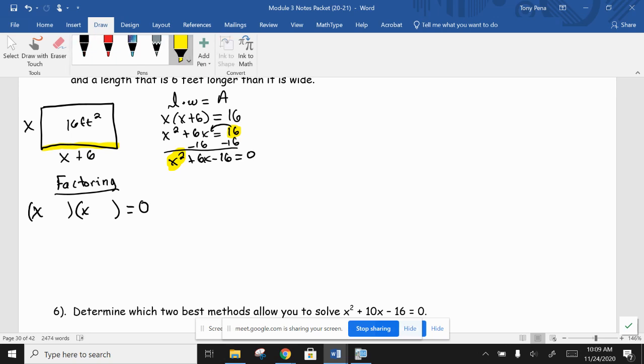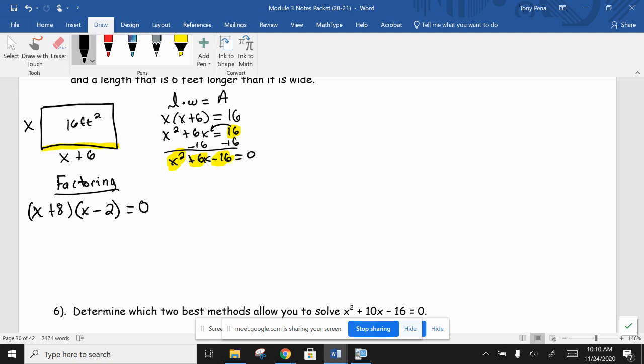And then we're looking for those 2 numbers that multiply to be a negative 16. At the same time, they're going to add up to be a 6. All right, as long as we have those, then we can factor this pretty quickly and get our answers pretty quickly. All right, in this case, we can. So a positive 8 and a negative 2, if you multiply those together, they multiply to be a negative 16, and then they're going to add up to be an 8.